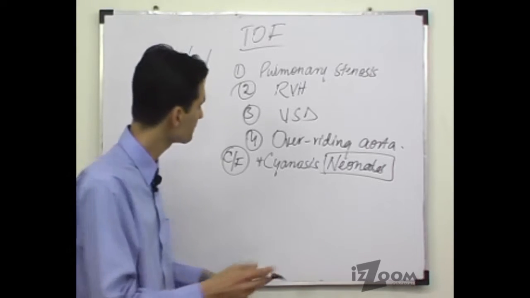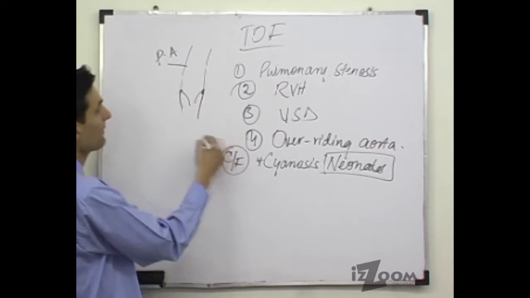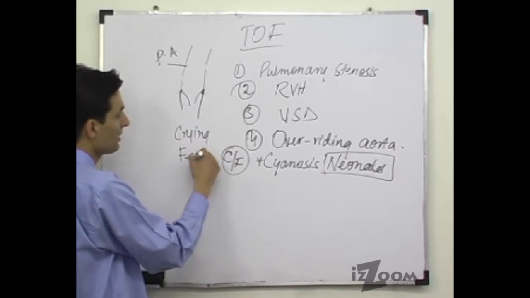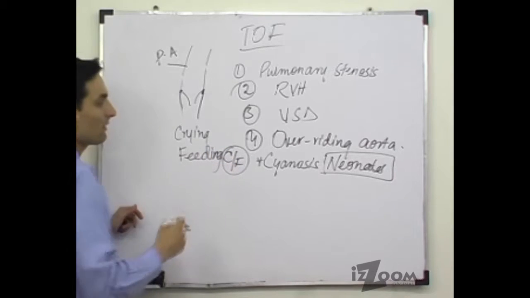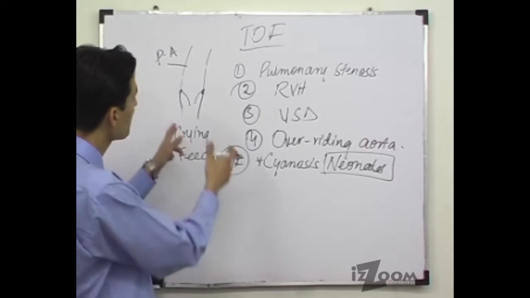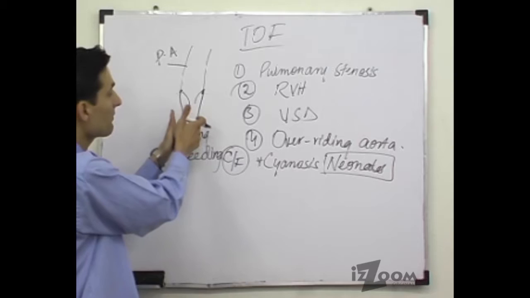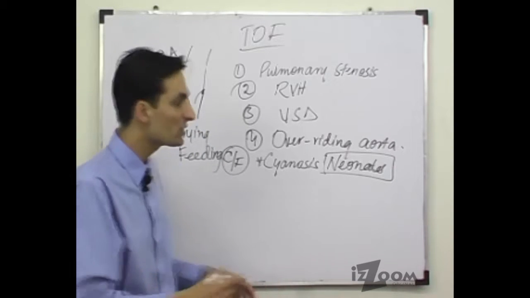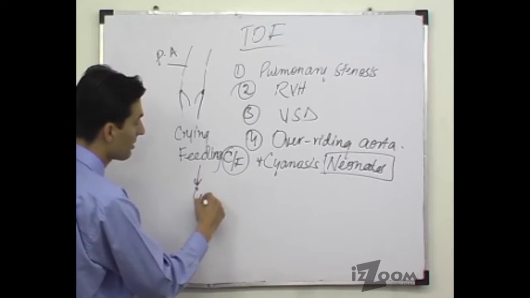For example, if an infant cries or feeds, there is increased adrenergic stimulation, which leads to further narrowing of this infundibulum of the pulmonary artery, which leads to cyanotic spells.